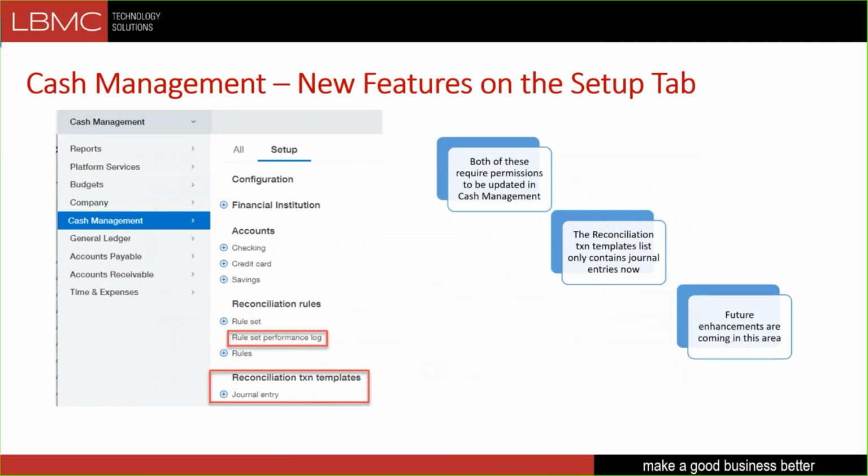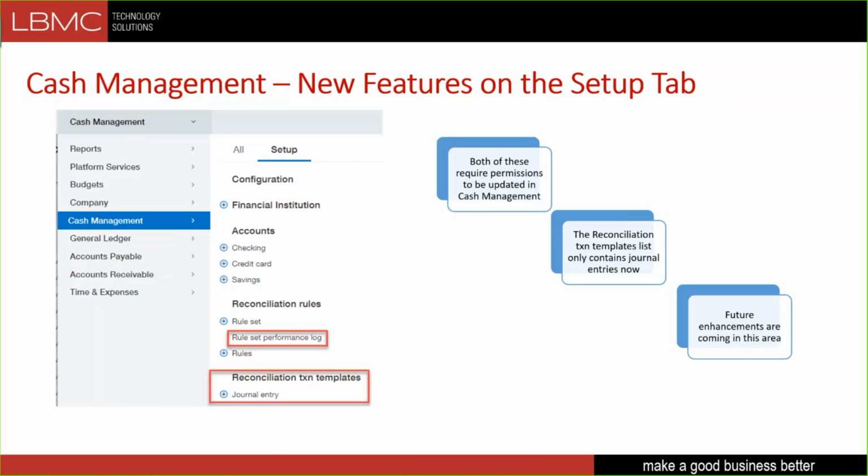These particular features that I've just reviewed can be seen on the Setup tab if you have given yourself the right permissions for these. If you don't see these on the Cash Management Setup tab, the two red rectangle boxes down there, then that means you didn't give yourself the permissions to see them and utilize them.